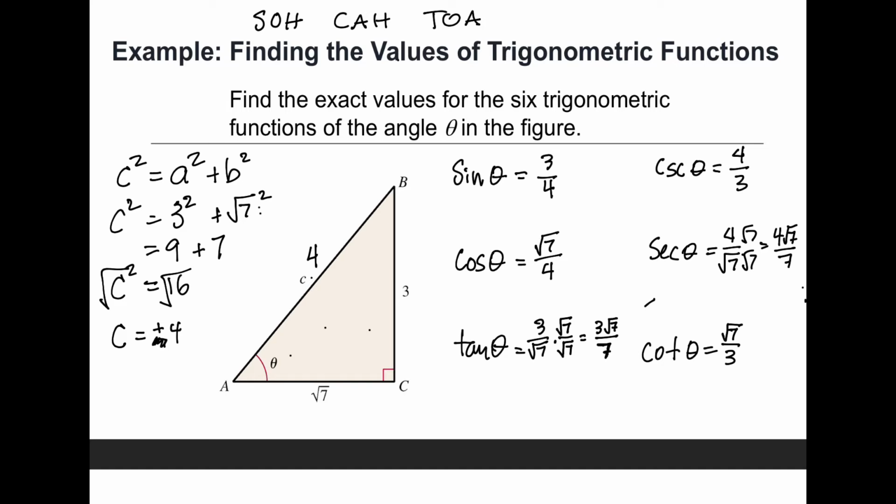One thing you can keep in mind to try to remember some of these things: sine, cosine, and tangent. These are my originals, right? These are all the reciprocals, right? So that's one thing to remember. But also keep in mind that the reciprocals actually have different letters at the beginning.